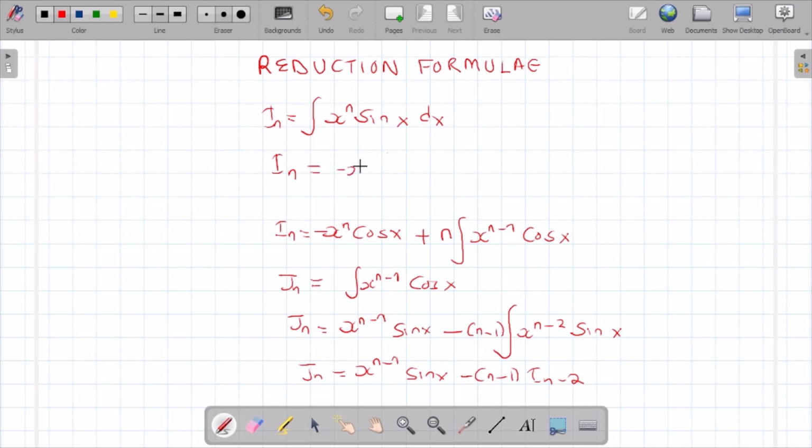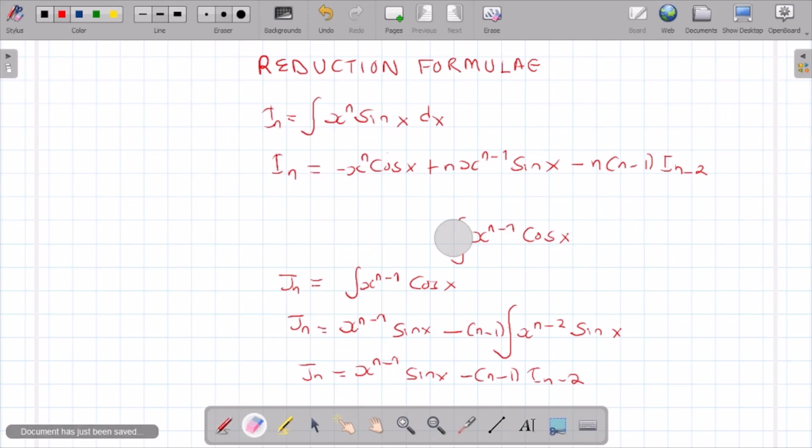So this guy is going to be here, minus x to the power of n cosine of x. Plus n x to the power n minus 1 sine of x, and positive n multiplied by that is going to be minus n n minus 1 I n minus 2. So that is what we have for our recurrence relation.